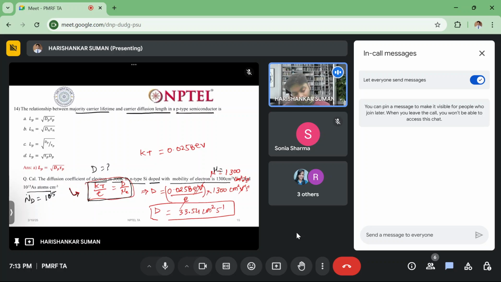This is known as the Einstein relation: kT by e equals D by mu, and at 300 Kelvin kT value will be 0.0258 electron volt, and e is the electronic charge. So please put these values in this equation and find out D.